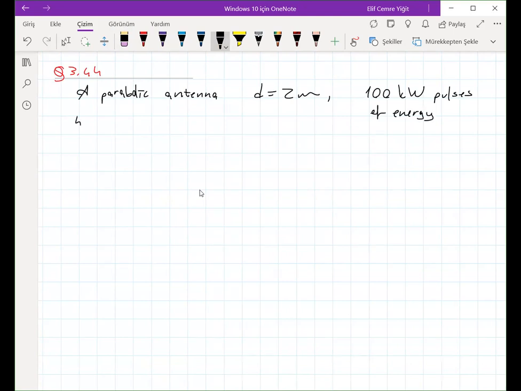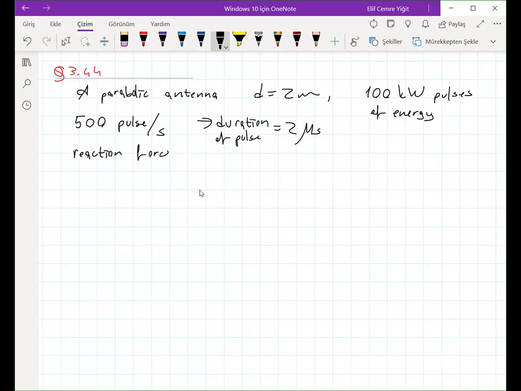These pulses are 500, let's write it this way, pulses per second, and the duration of each pulse is 2 microseconds. So it asks for the reaction force of the antenna.